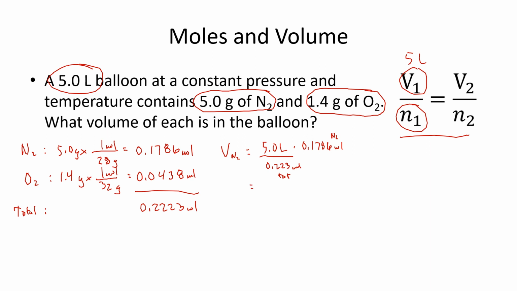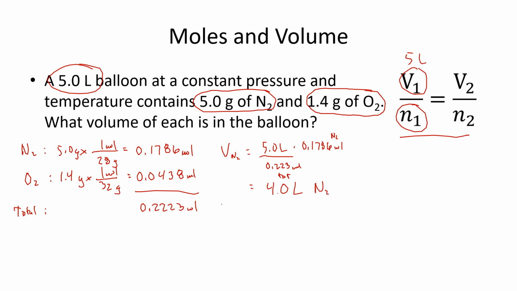And what does that come out to? Well, 5 times 0.1786 divided by 0.2223. And that would give us 4, well, look at that, 4.0 liters of the nitrogen.